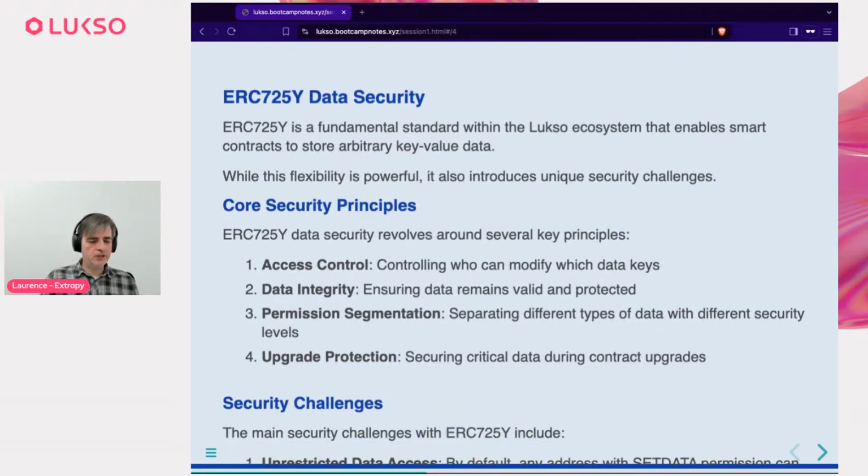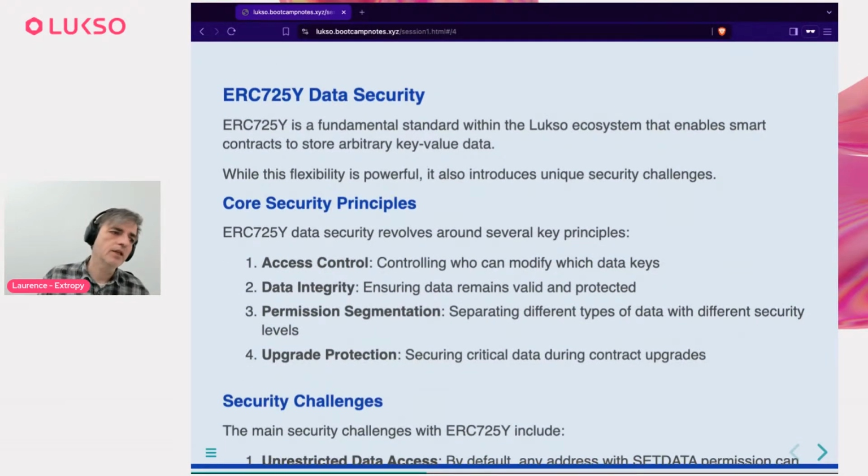But let's look particularly at the data security. I think that's one of the key areas that I want to focus on. This allows us to store key-value data in an arbitrary way. As I say, you will have your own understanding and your own idea of what you should be storing here and what should be traditional contract variables.